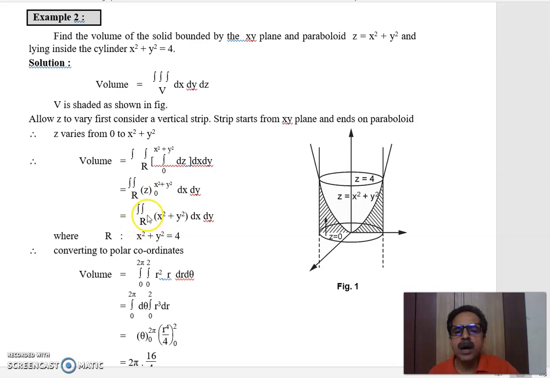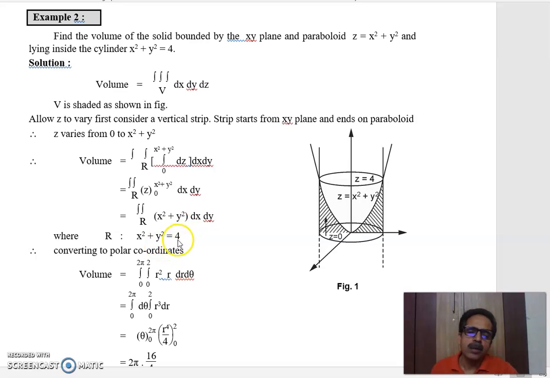And here what is R? This double integration is taken over R, and this R is the projection of this solid V on the xy plane, and it will be a circle x square plus y square equal to 4. So transform this double integral into polar double integral, that is use polar coordinates. x is r cos theta, y is r sin theta, and x square plus y square is r square.